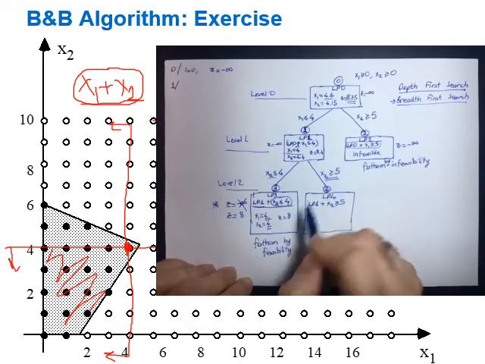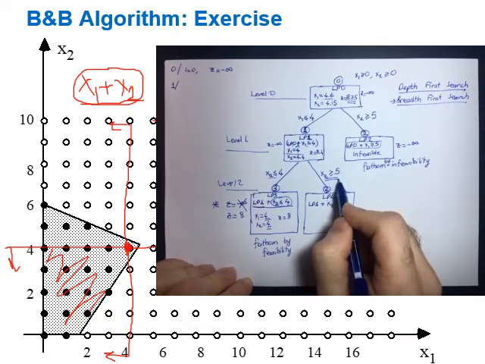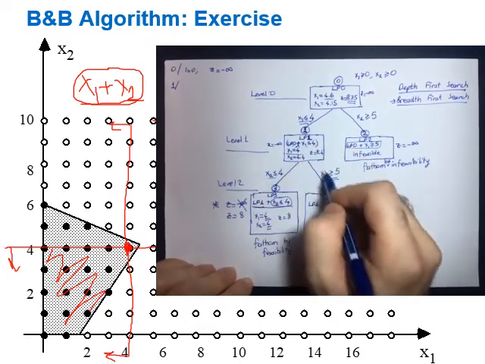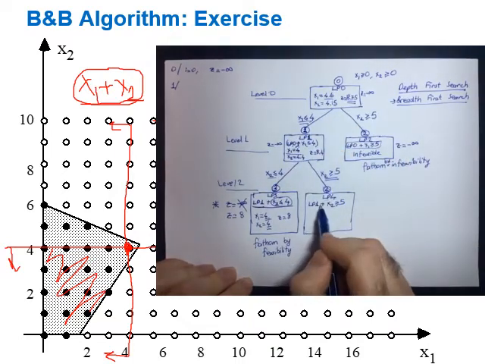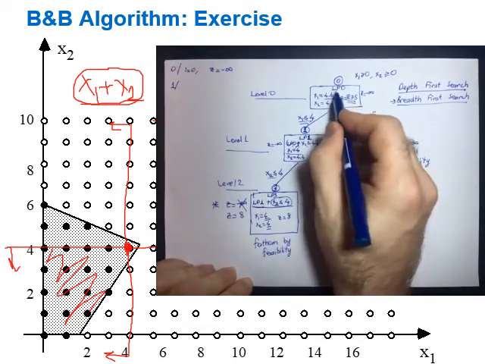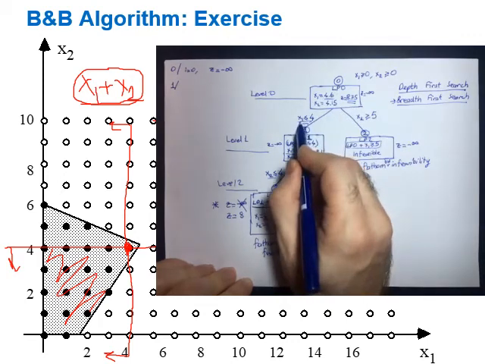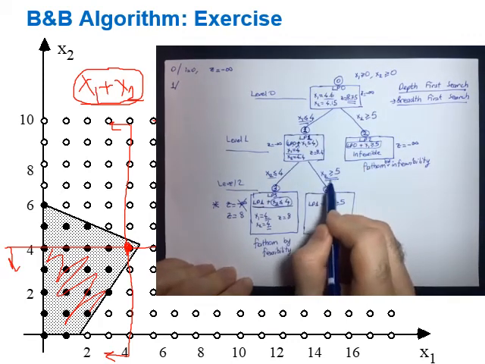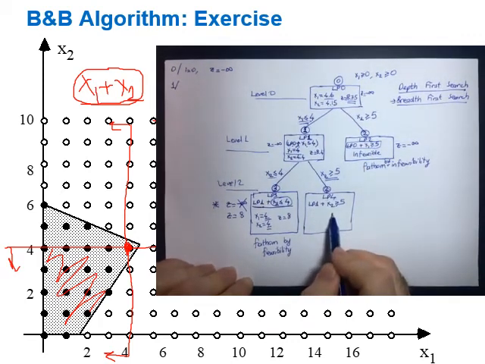So I am adding x2 greater than or equal to 5. I am adding x1 less than or equal to 4 here. So LP0, the original LP relaxation, plus this constraint gives me this solution, this branch.